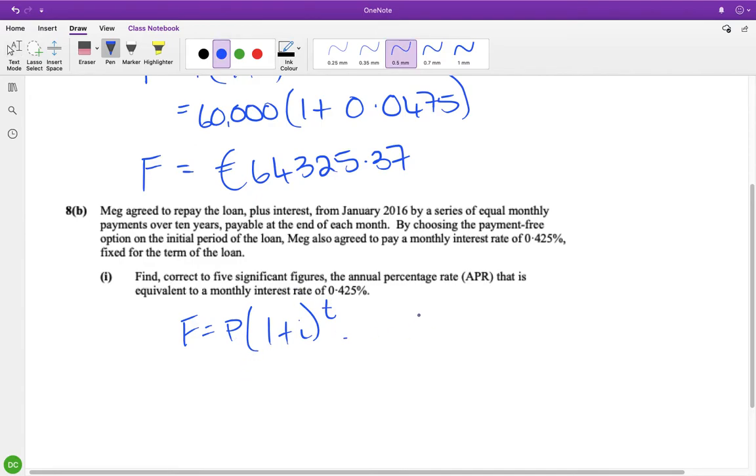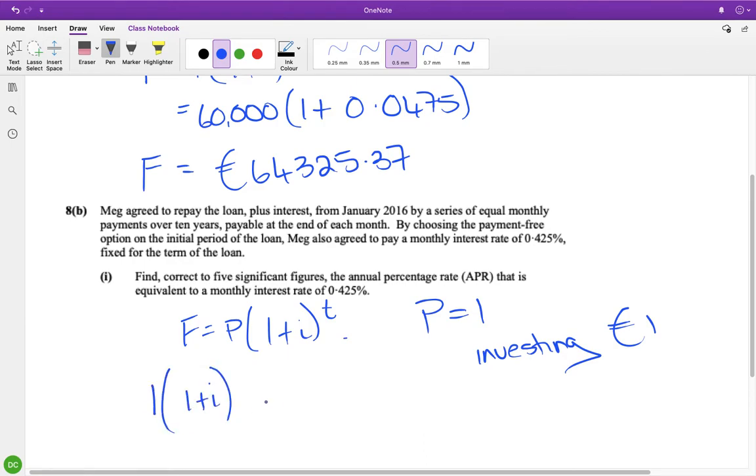You always let P be 1, so you're essentially investing €1. So you invest your €1, 1 plus I, and here what we have is a monthly interest rate that we're trying to turn into a yearly interest rate. So a month is 1/12 of a year, yeah?